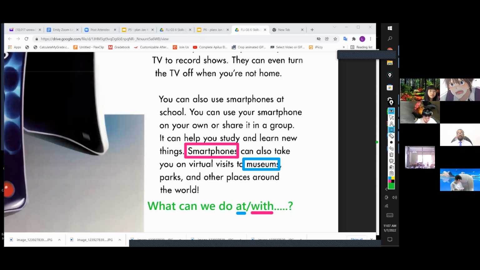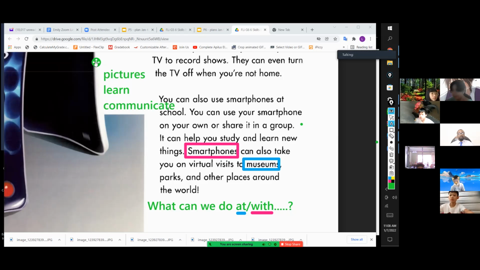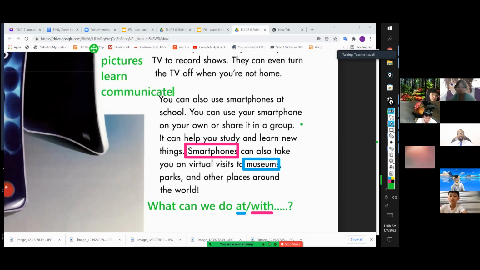So we can take pictures. We can learn. What else can we do with a smartphone? Pictures and learn. That's it. SMS. You can communicate. Okay. We can record. Now, going back to museum, what else can we do with the museum? We can also learn about history.